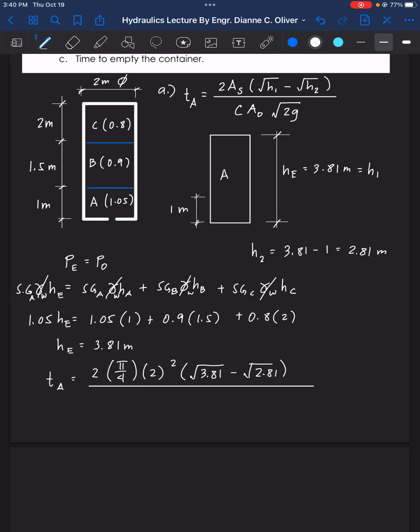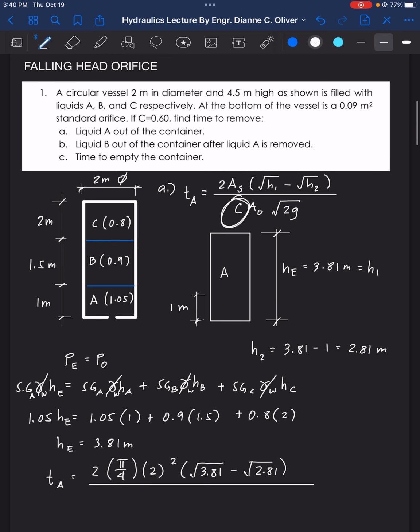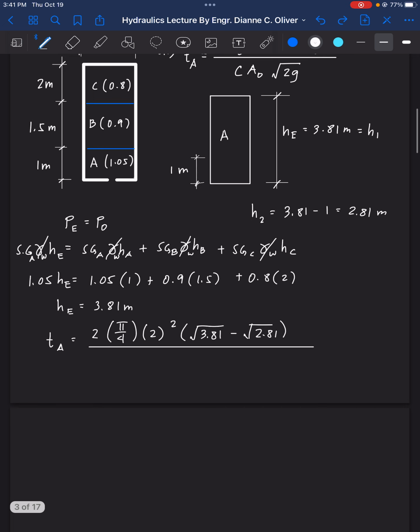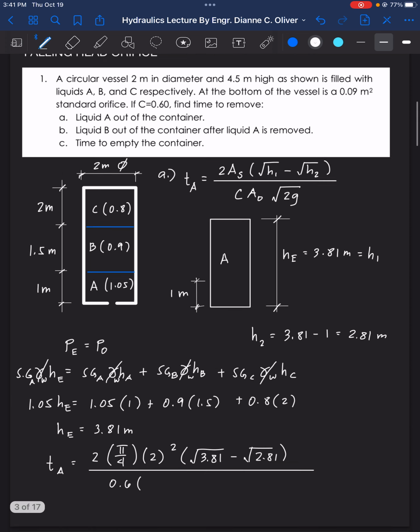over our C. So what's our coefficient of discharge? We have 0.6 times the area of the orifice.